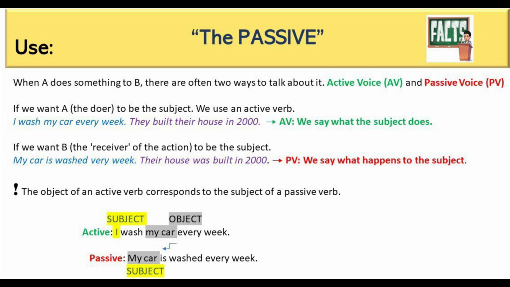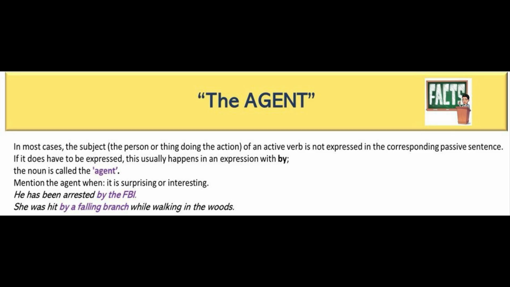So my car then becomes the subject. So an easy way to remember it is to swap round subject and object if you want to change from active to passive. And in most cases, the subject, so the person or thing doing the action of an active verb, is not expressed in the corresponding passive sentence.